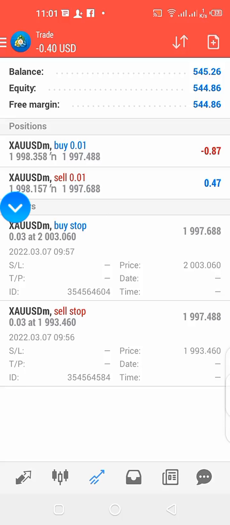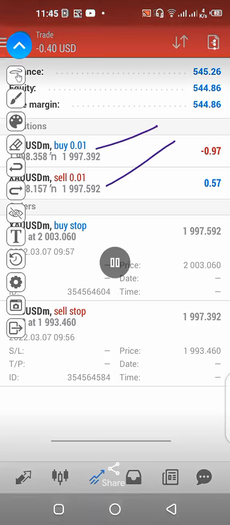So the two running trades are on the 1998 price level.